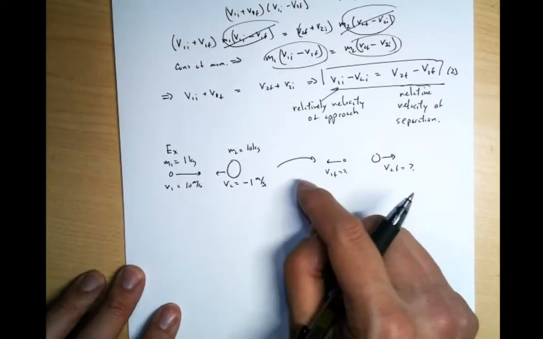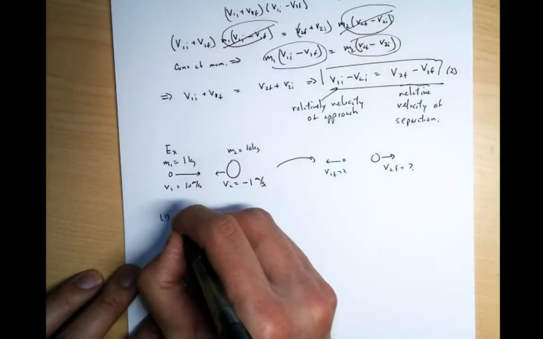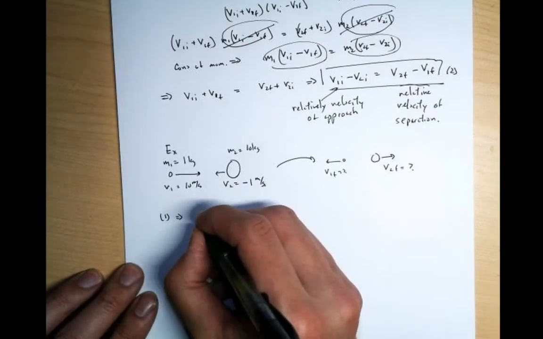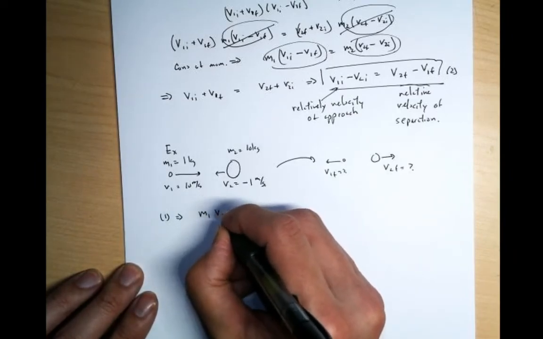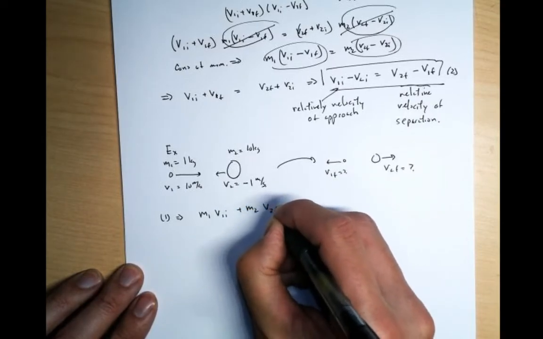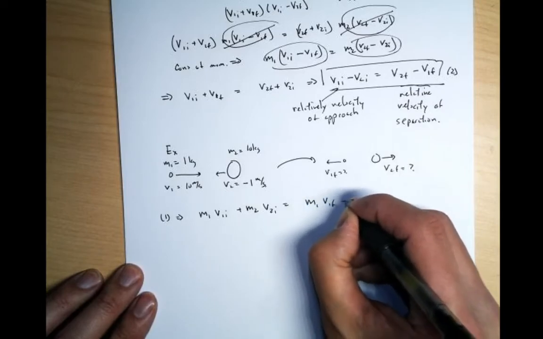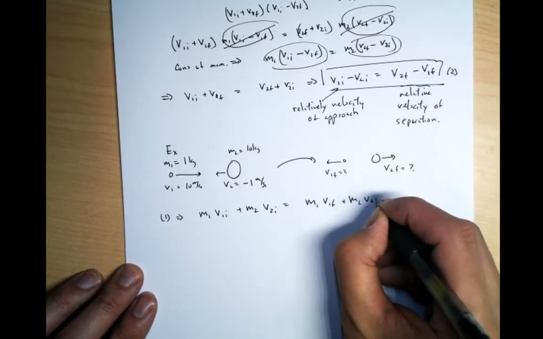So let's go ahead and do that. We're going to use basic equations 1 and 2. Equation 1 implies M1 V1I plus M2 V2I is equal to M1 V1F plus M2 V2F.